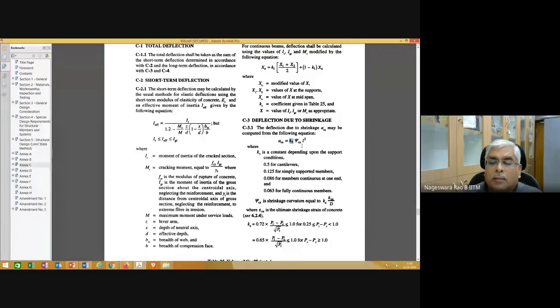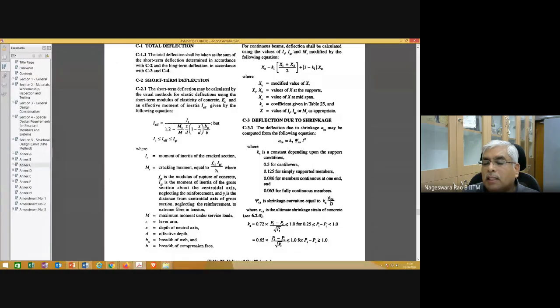Except this one, you can see here, shrinkage curvature. What is curvature? It is nothing but the slope of the strain, how it is varying. Curvature gives you an idea about it. Here you can see this shrinkage curvature is equal to K, a factor which is empirical in nature, times strain divided by overall depth.